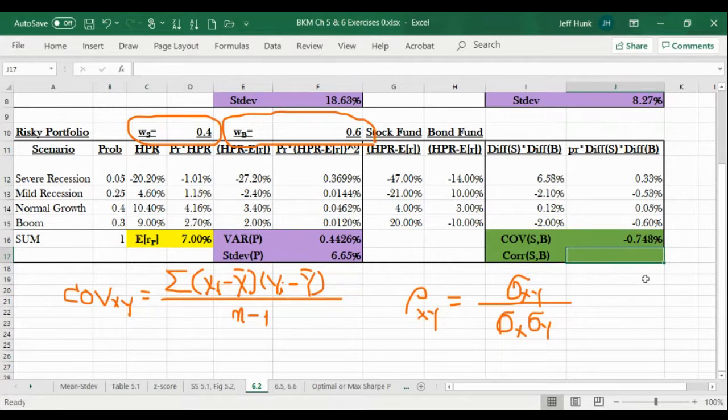They will both be positive. So the whole thing will be negative. So basically all I need to do is divide it by the standard deviation of stock and the standard deviation of the bond. I do that, and what I get? Yeah, correlation is almost negative 0.5.